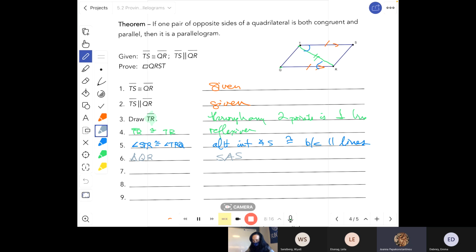Triangle QRT is congruent to triangle STR. And since those triangles are congruent, I have more corresponding parts that are congruent, right? I have angle QTR is congruent to angle SRT, just like you said.